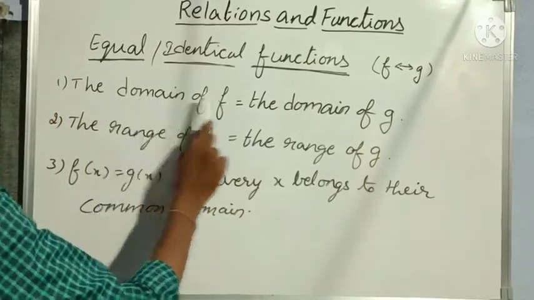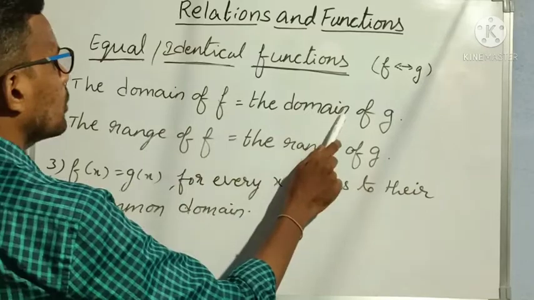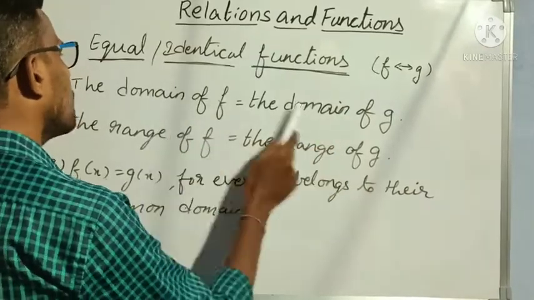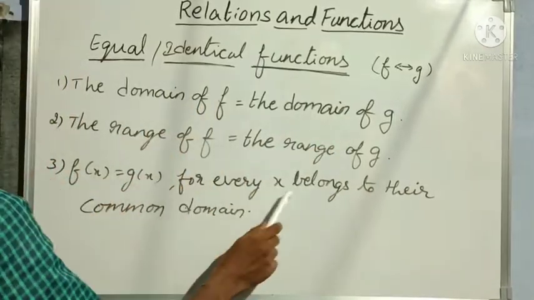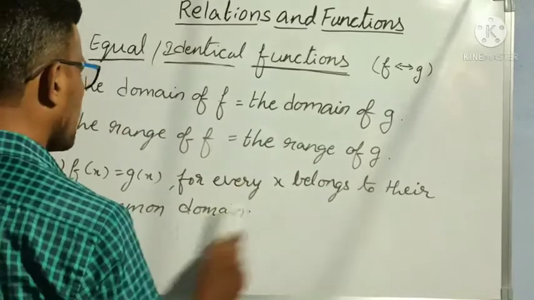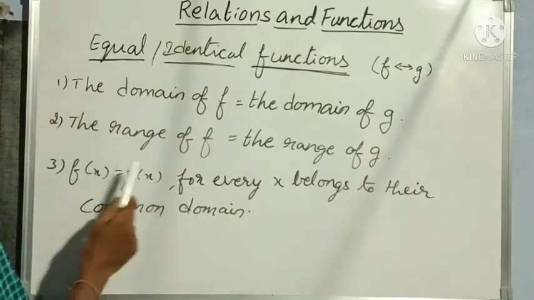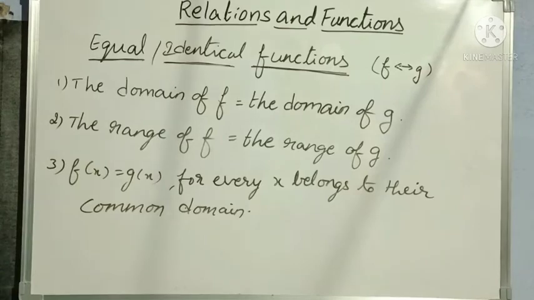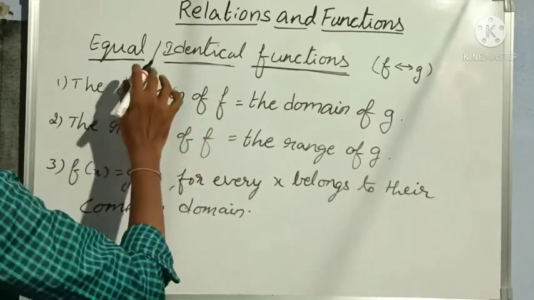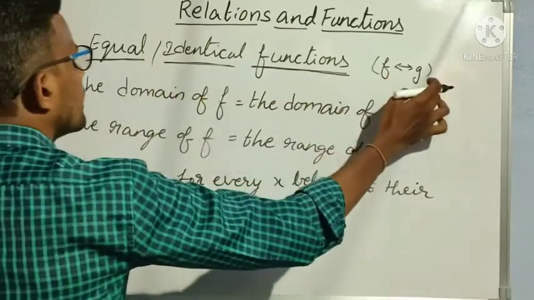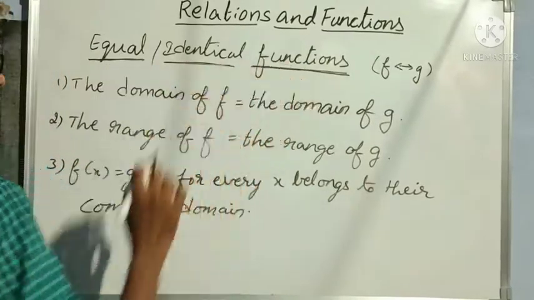When the domain of f is equal to the domain of g, their domain is common, so for every x in the common domain we must get f of x equal to g of x. Then only we can say that f and g are equal or identical functions.